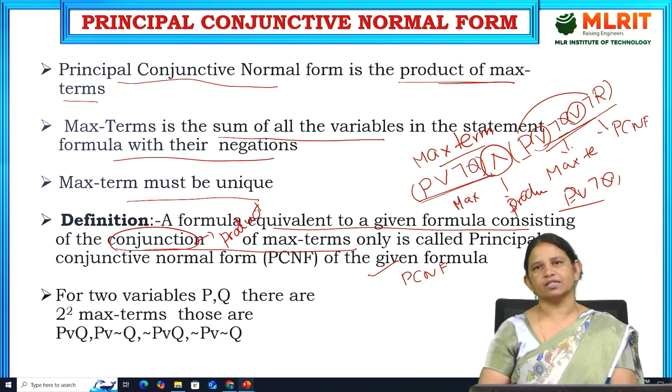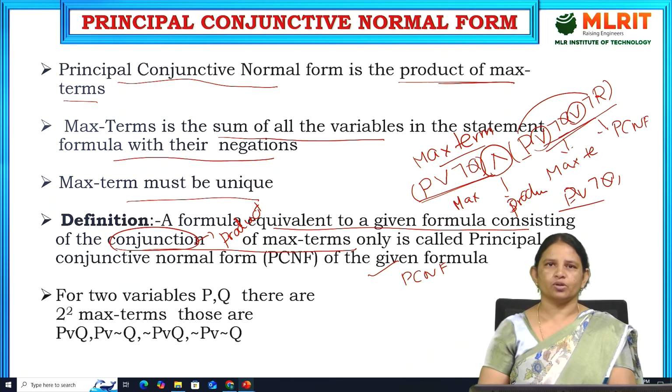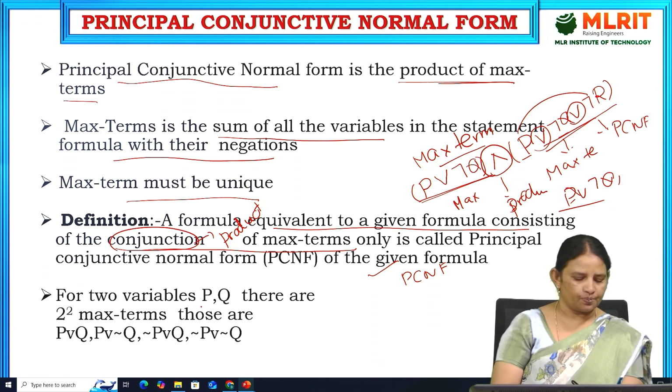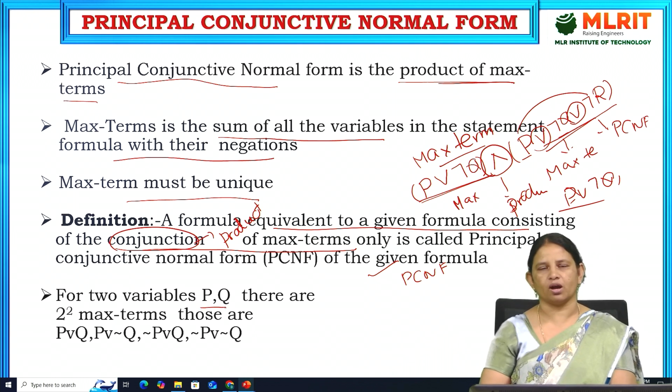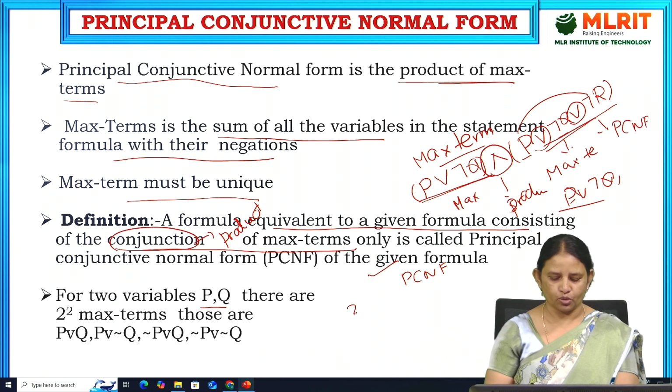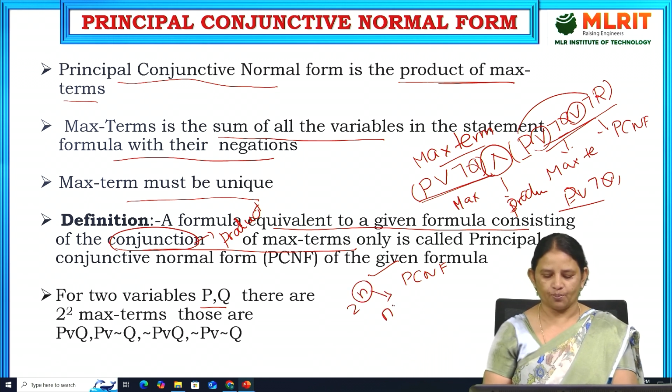How many max terms are possible in one statement formula? Suppose there are two variables present in the statement formula, P and Q. How many max terms are possible for P, Q? There are a maximum of 4 max terms. That is 2 power n, where n represents the number of variables.